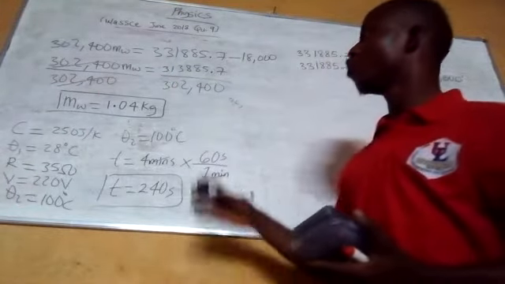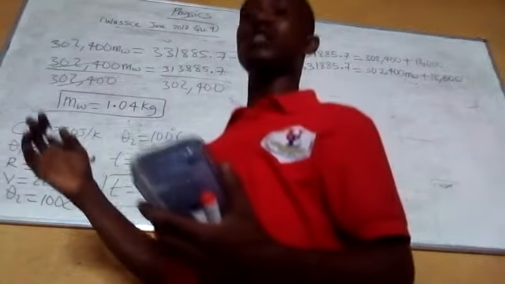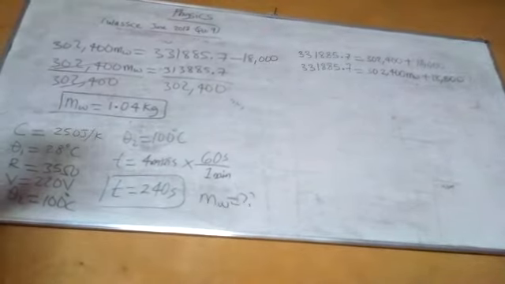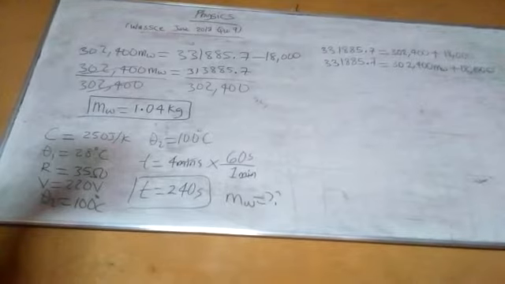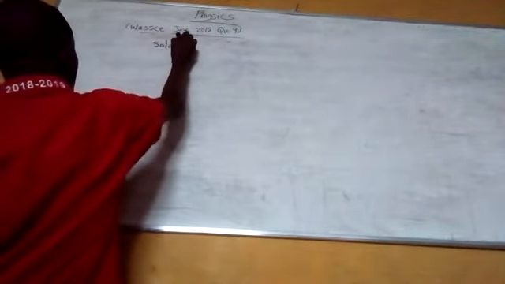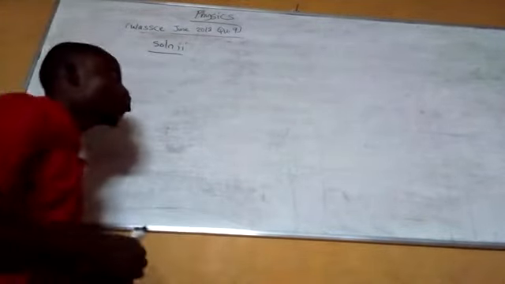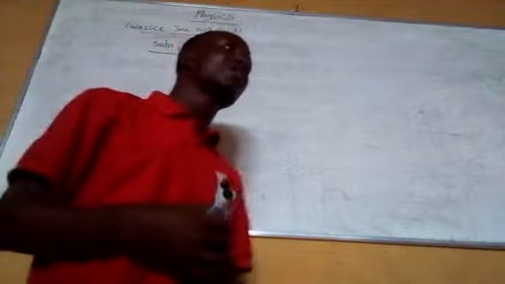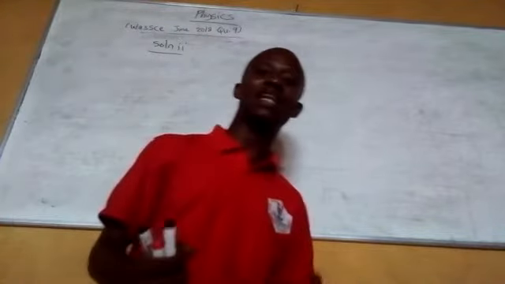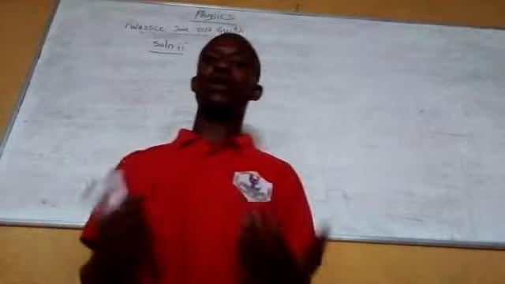So let's move to 2I. So let's see 2I part of the problem. For solution 2I, we are asked to determine the specific latent heat of vaporization.